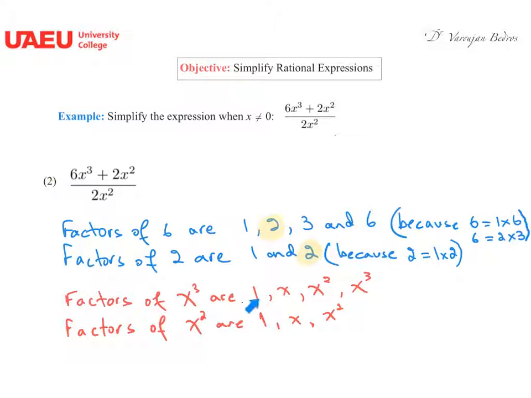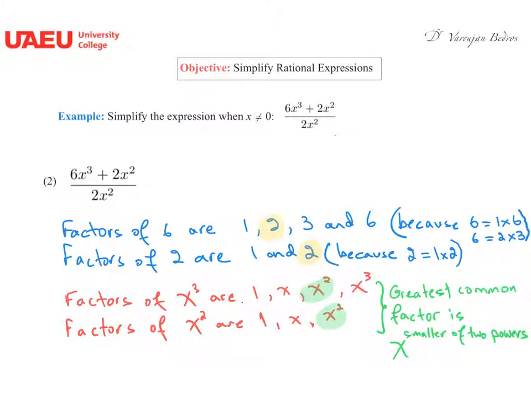Similarly, when you study the list here, you can see that the greatest common factor between x power 3 and x squared is x squared. This means that the common factor between 6x to the power 3 and 2x squared is 2 times x squared.